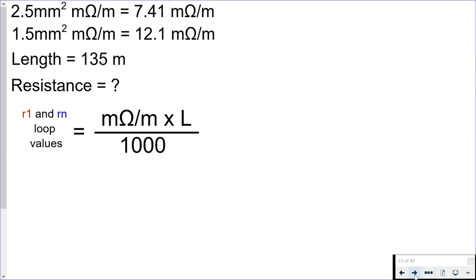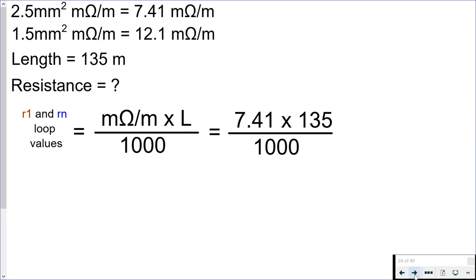So we have our milliohm per metre value times the length. It's very much like the single cable calculations. So we take 7.41 times 135 divided by 1000. And that gives us an expected loop resistance for little r1 and also for little rn of 1 ohm.